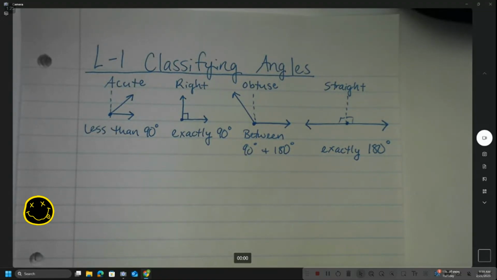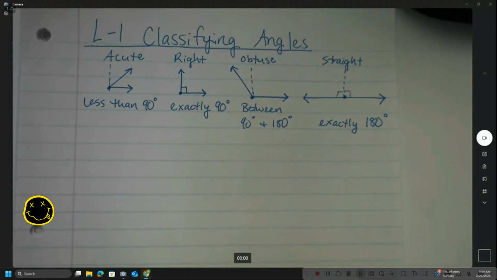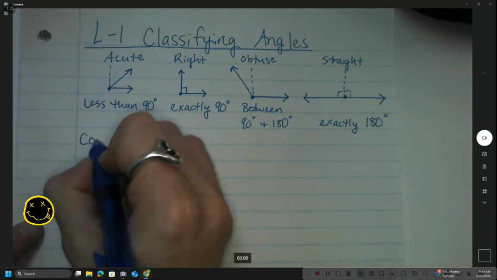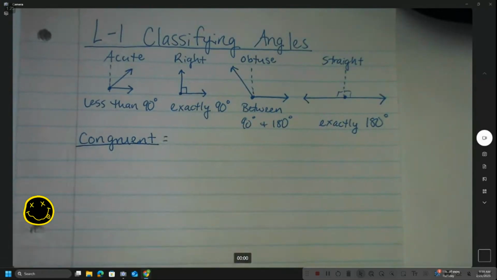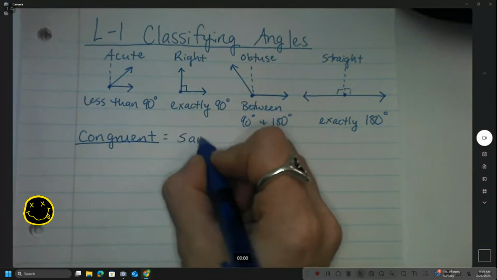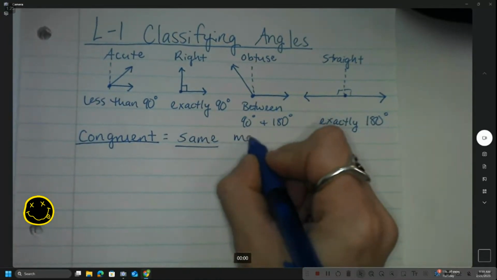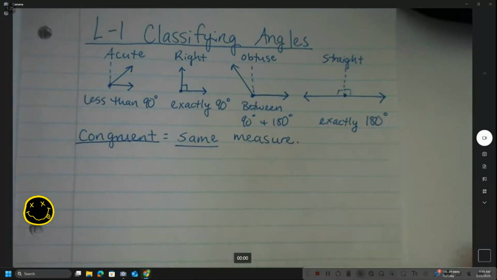Now I'm going to give you some vocab. I shouldn't say quite a bit, but more than usual. You need to know this term, congruent. Write it, underline it. Congruent means that the angles have the exact same measure. Underline same. Keyword same. Okay? That means that two angles are the same measure.